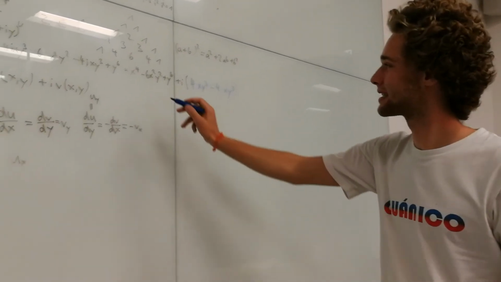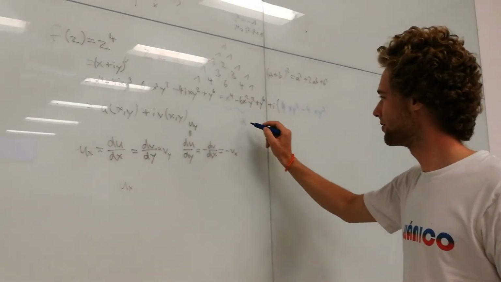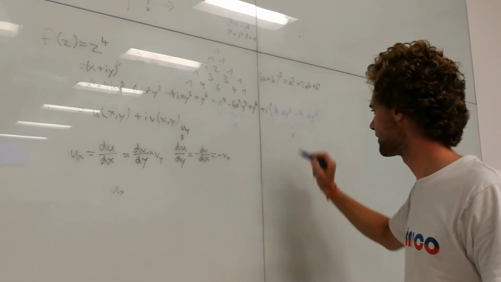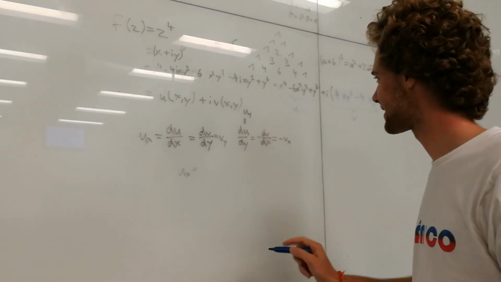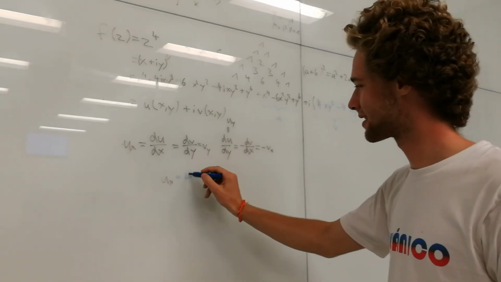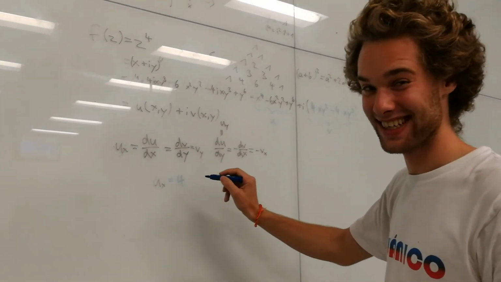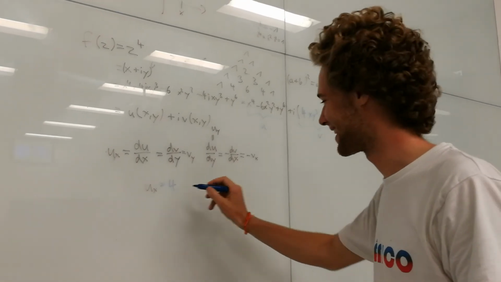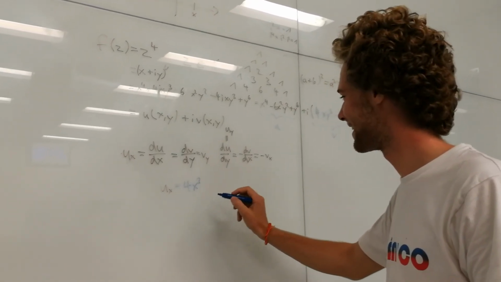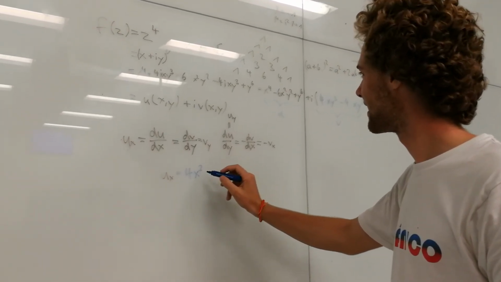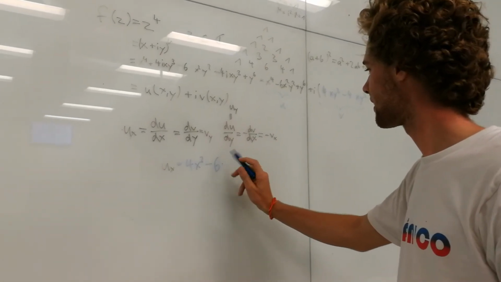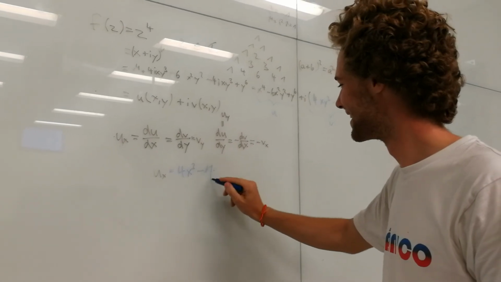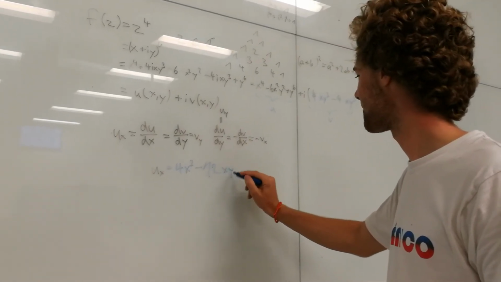So this is our u, this is our v, and now let's differentiate it. x to the 4th is, do you know that? You do? Okay, it's 4x to the 3rd minus 6 times 2, 12x y squared.